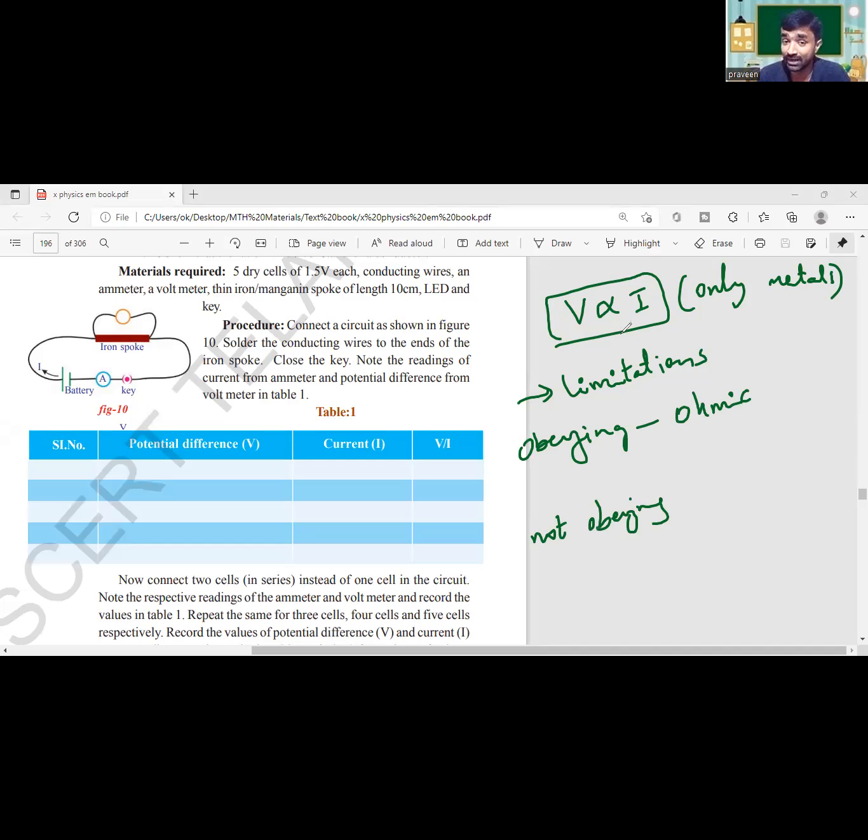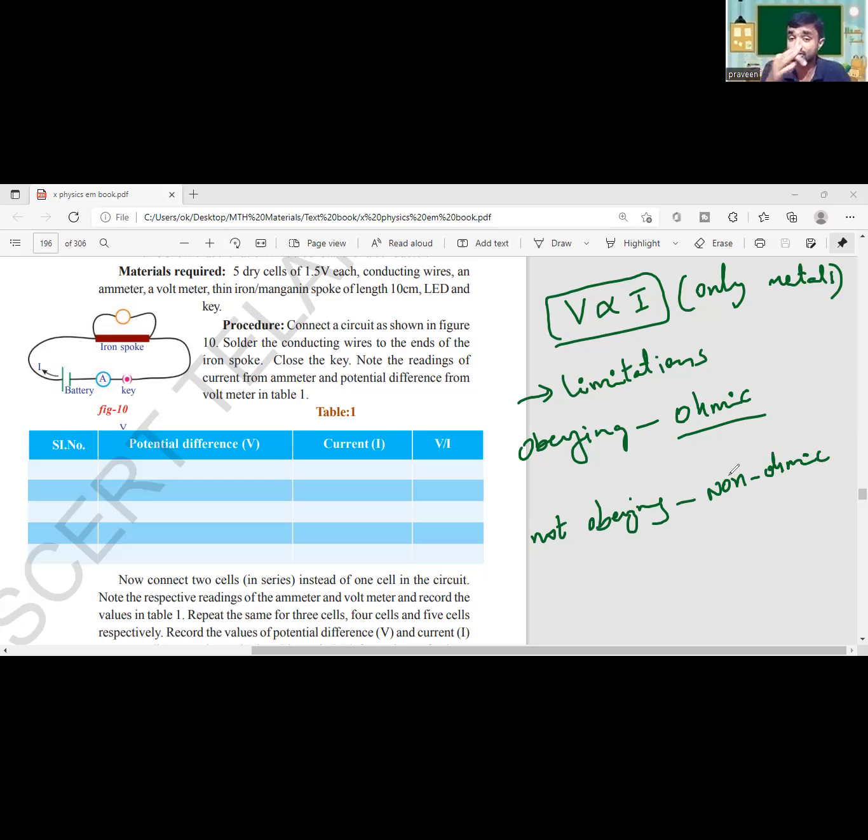The materials which can obey the Ohm's law are called ohmic conductors, and which do not obey that law are called non-ohmic conductors.